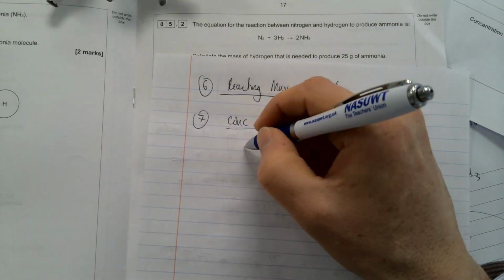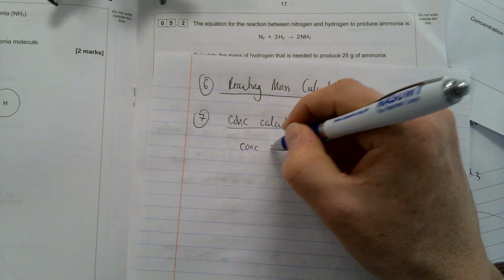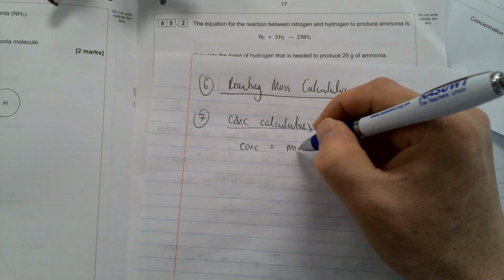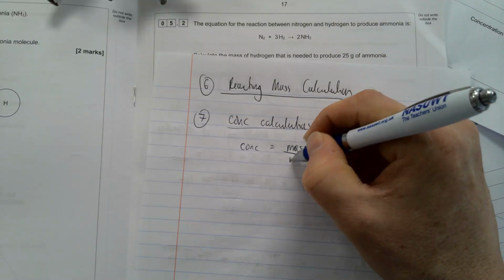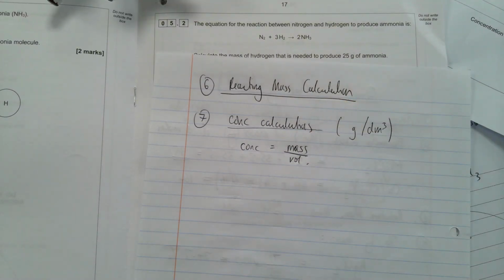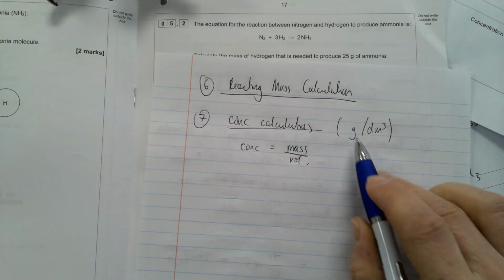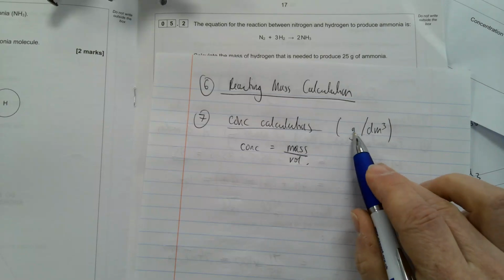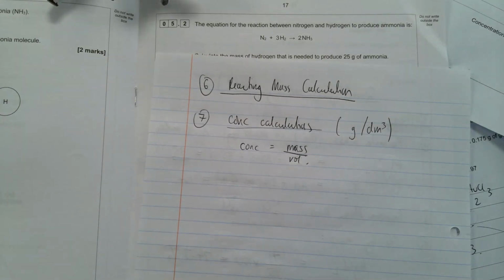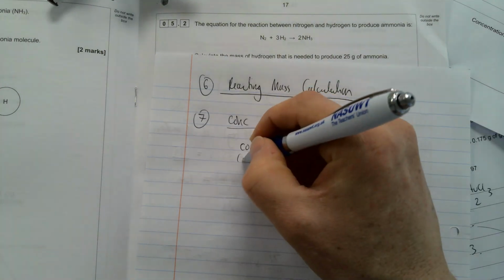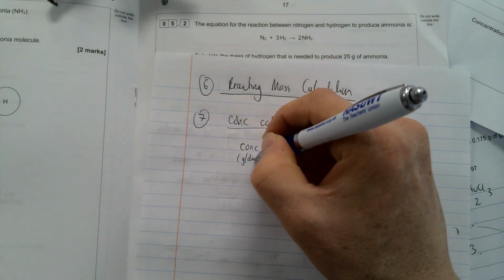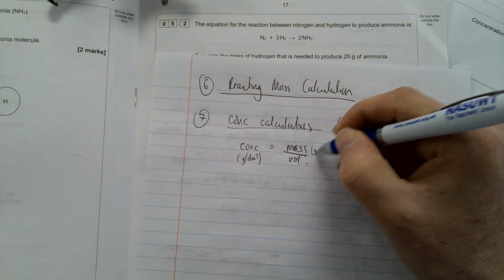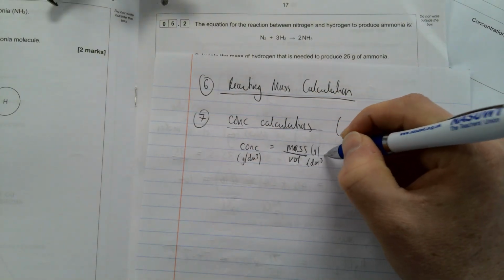And the equation is concentration is equal to the mass divided by the volume. And the units are grams divided by the volume, grams per decimeter cubed. Per just means divided by, right? So concentration in grams per decimeter cubed, our mass in grams divided by volume in decimeter cubed. Dead simple.